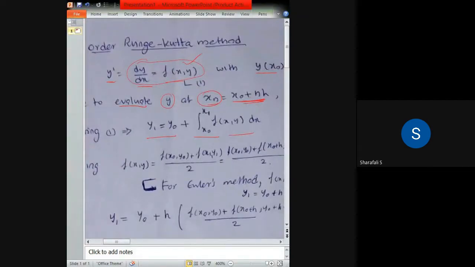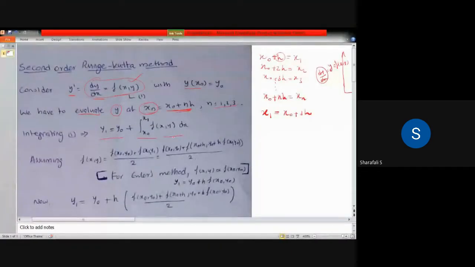That is the result of the integration for that particular equation. Now we'll move to the next step.